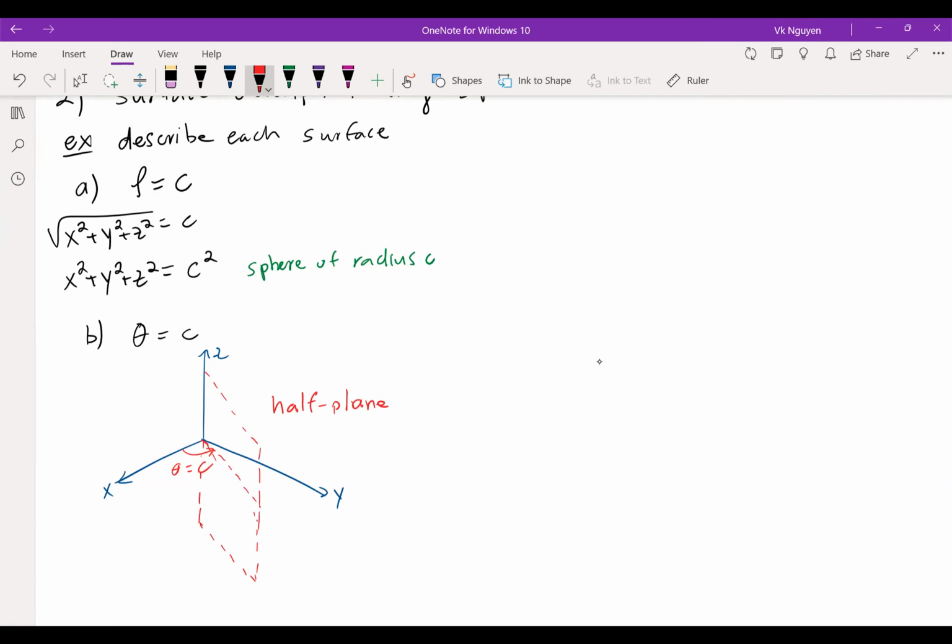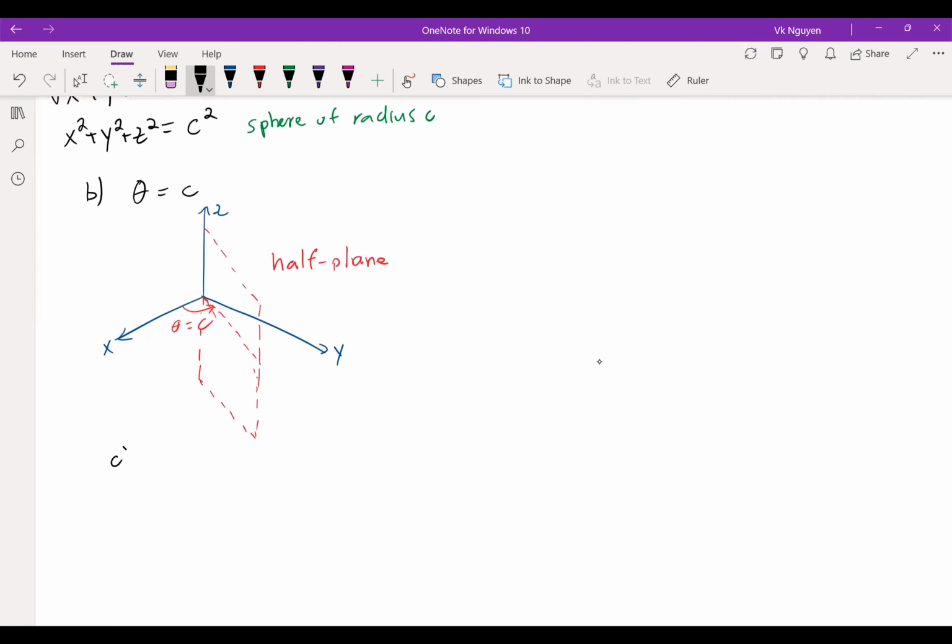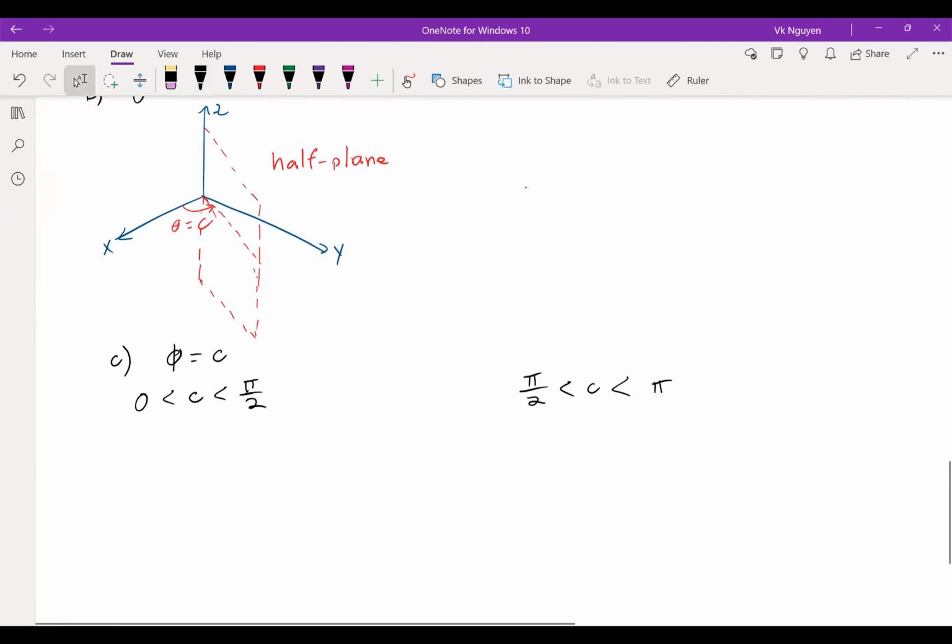Okay, so here comes C. Well, what happens if we have phi equal to some number C? For C between 0 and pi over 2, you actually have this one. Remember the angle phi goes from the z-axis, right?